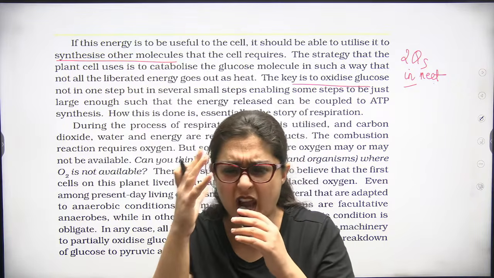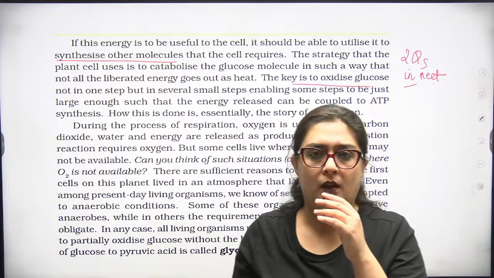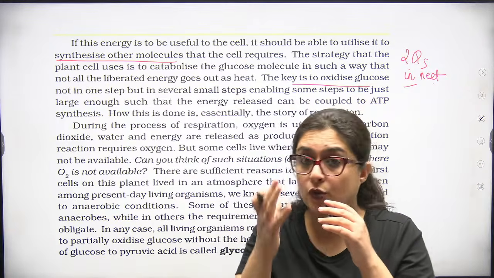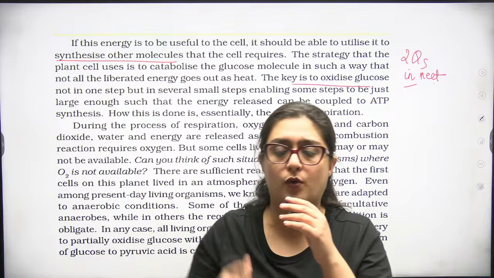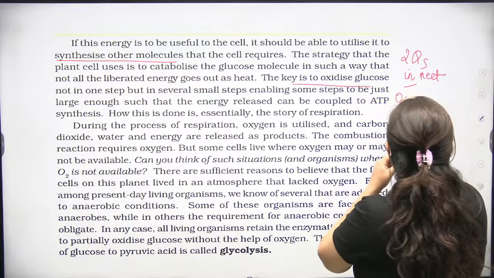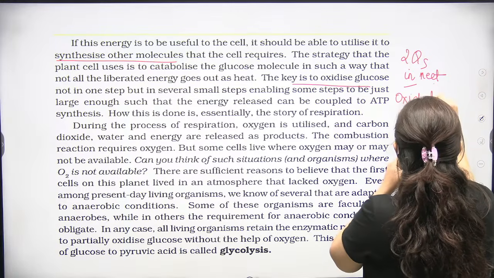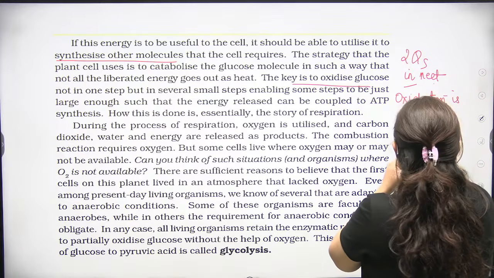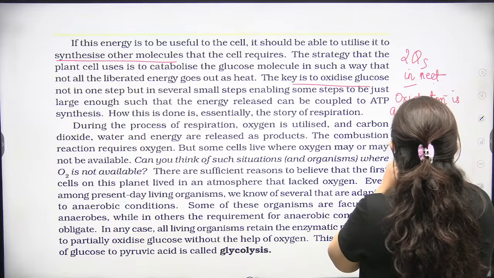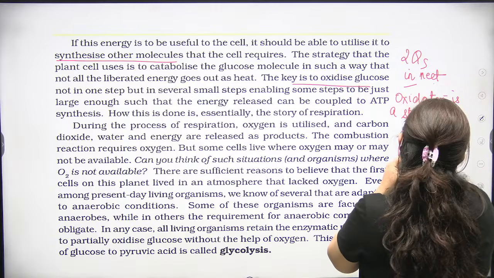We are breaking a high power energy molecule. Glucose is a high power energy molecule. We are breaking it, so it is not possible to break it in one stroke. It will require steps. So oxidation is a step by step procedure.